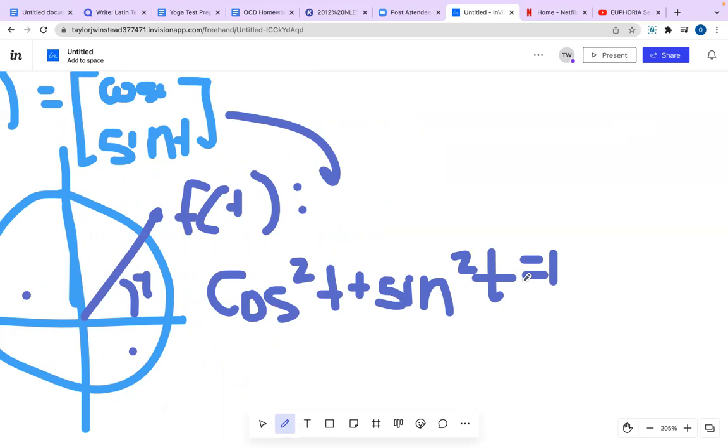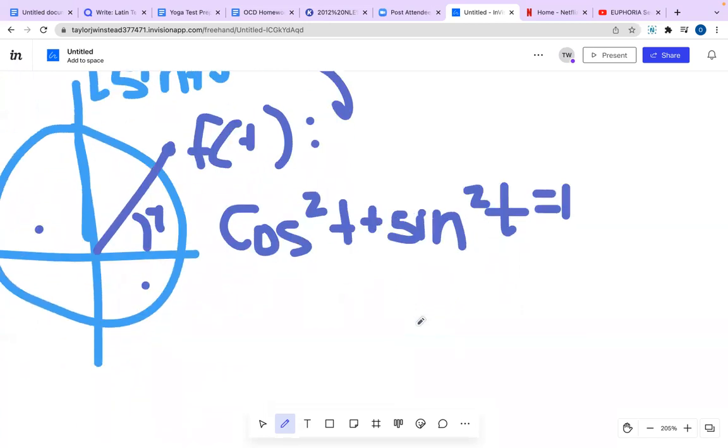So if that's true, then cosine t, sine t is going to be a unit vector, right? And that means that any unit vector u in R2 can also be written as cosine t, sine t. So that's just an added fact.